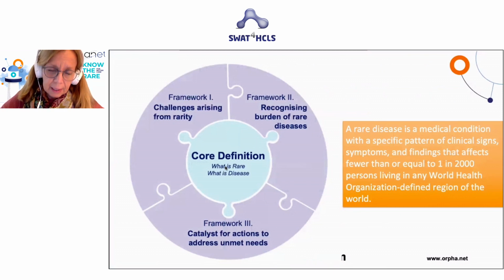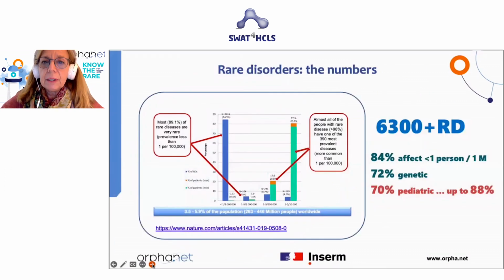These elements are very basic, but are very important, because without that, we cannot start talking to each other. So we have this definition, the clinically oriented definition of what a rare disorder is, and then we can count how many disorders are out there.